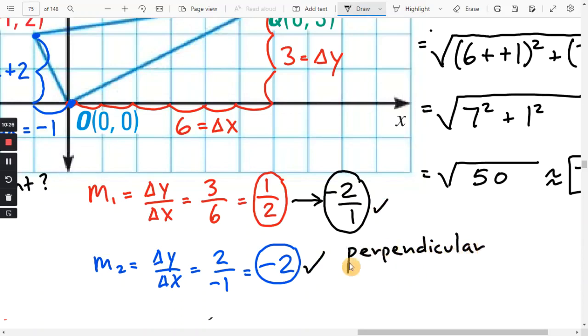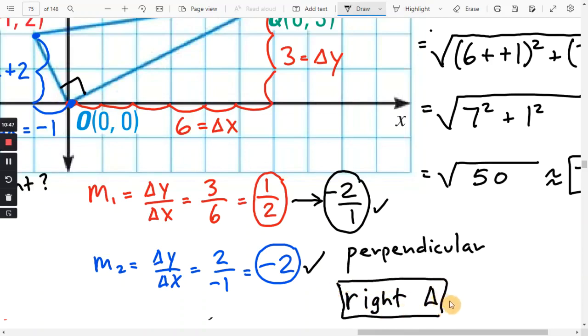So since this is a right angle here, since they're perpendicular, that means that this is a right triangle. All right, so we proved that the lines are perpendicular. So that proves that it has a right angle, which means it's a right triangle.